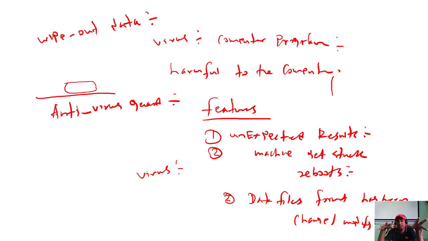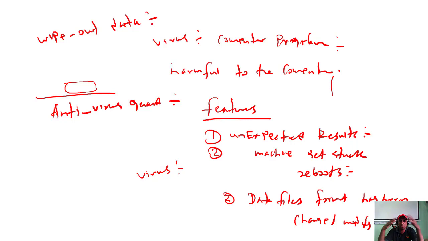But that antivirus guard can stop the functions of the viruses. It's like a lockdown of the viruses, so it's called quarantine. There are other features as well, like email filtering, and you can block websites. So a lot of features are there in the antivirus guard.